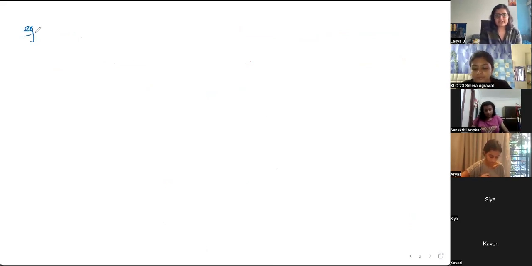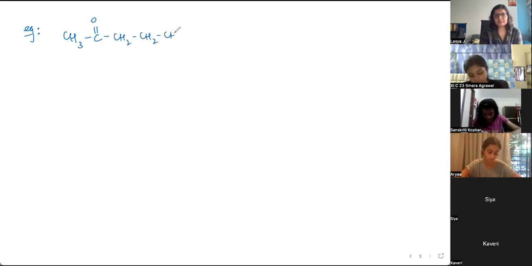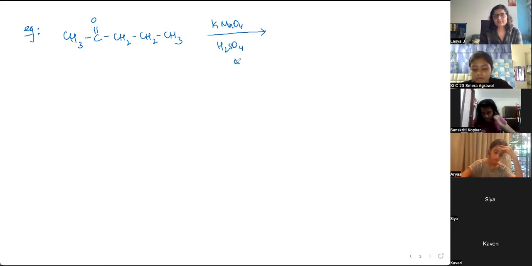Let's take a bigger, unsymmetrical ketone. For example, pentan-2-one. If this was treated with a strong oxidizing agent, let's say KMnO4 in sulfuric acid, what products can you get from this?